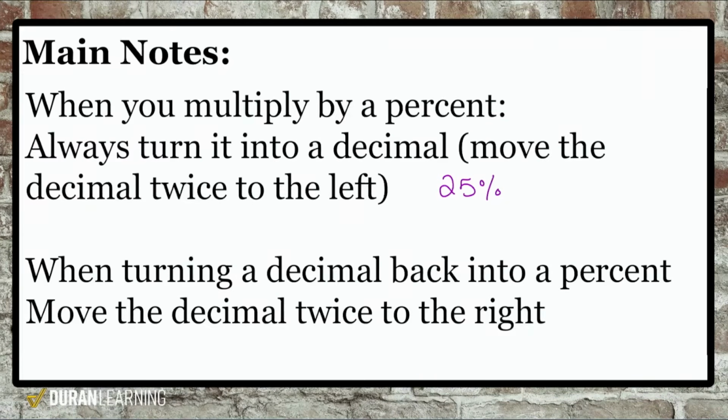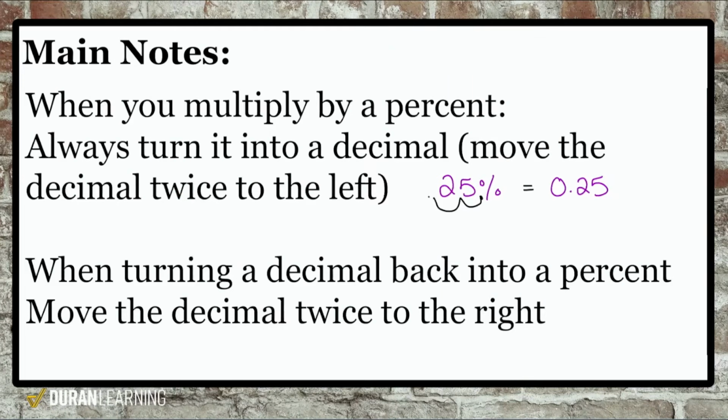Well, before I actually apply 25%, we have to apply it as a decimal. So all we need to do, my party people, is take that little decimal right over here and move it over twice to the left, meaning we'll be dealing with 0.25.